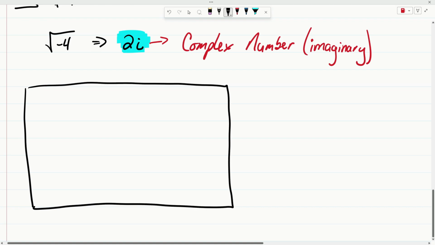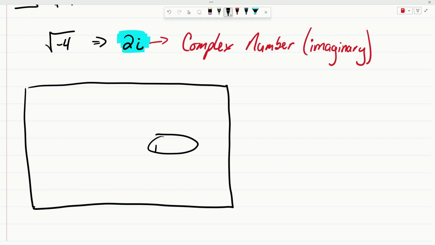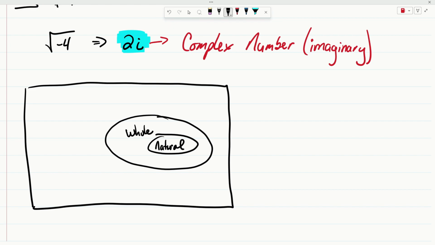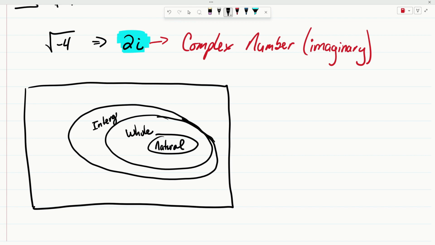This rectangle is going to represent the universe. It's everything that you know. Within this universe, you have your natural numbers. You have your whole numbers. Try to draw this as best I can. You have your integers. Oops, misspelled that. You have your integers.